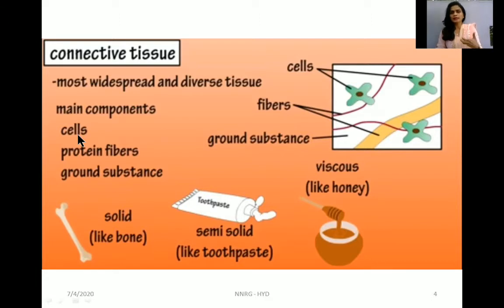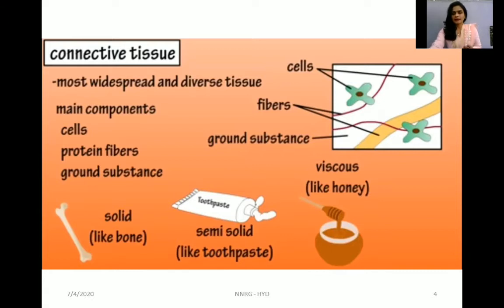This ground substance can be very solid like bone, semi-solid like toothpaste, or viscous like honey. Any of these types of ground substance may be present extracellularly, in which the cells and the proteins are suspended. The protein fibers and ground substance together make the matrix in which the cells are suspended. Depending on what type of ground substance and cells are present, the connective tissues are classified again.